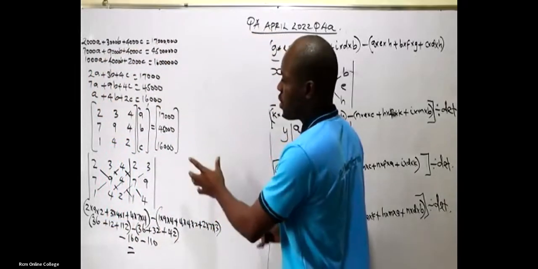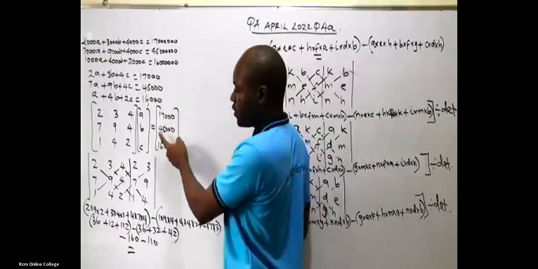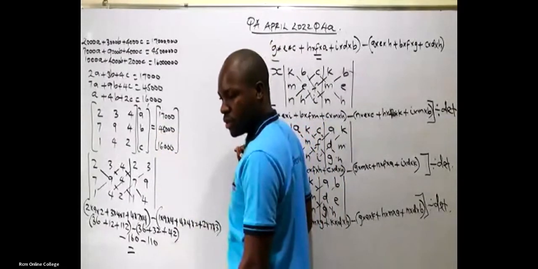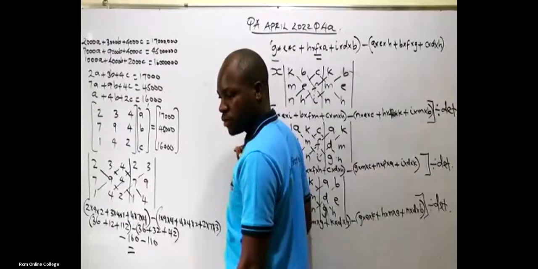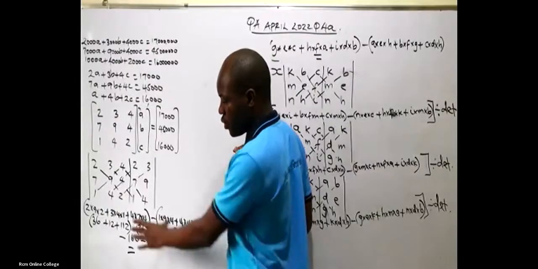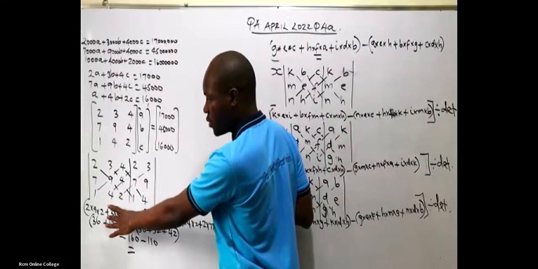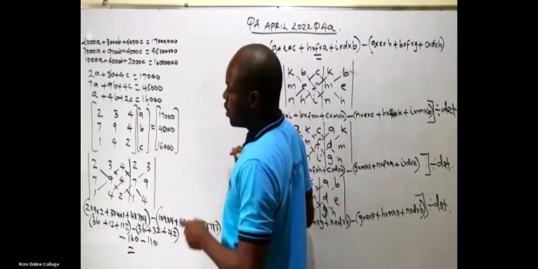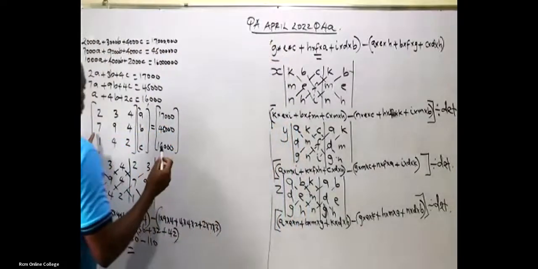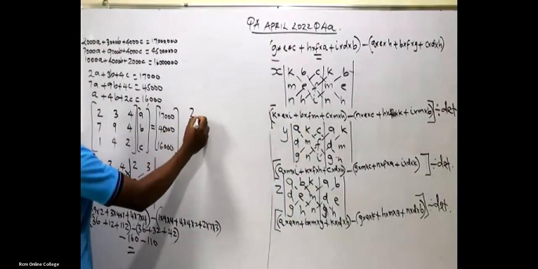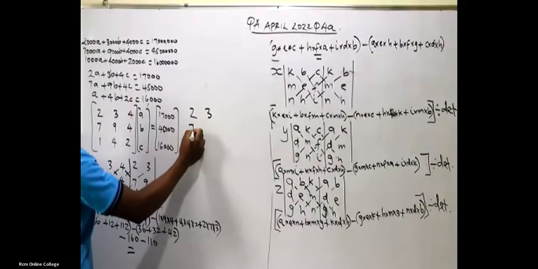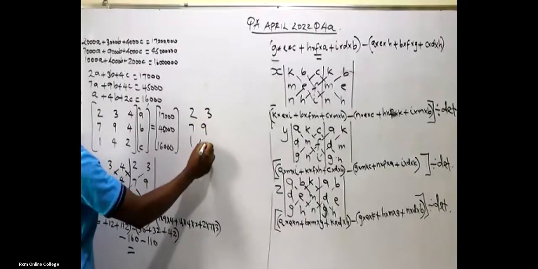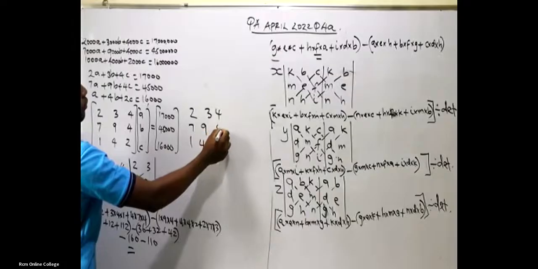Which one? Are you referring to 17, 45, 16, or these ones? No, the lower part. Oh, this part here. Now, we came up with this matrix, right? We said it is 2, 3, 7, 9, 1, 4, then 4, 4, 2.